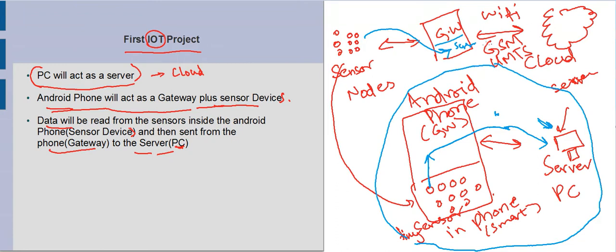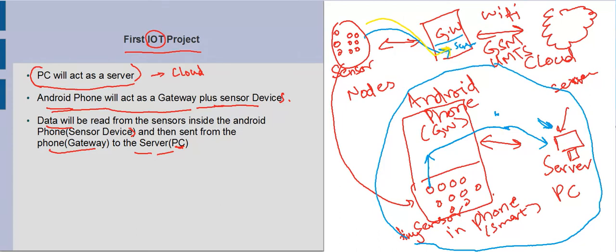And in the second topology, we have these sensors. Let me use this red marker. We are going to have them inside the gateway. So this was our second topology of an IoT ecosystem that we have described before.